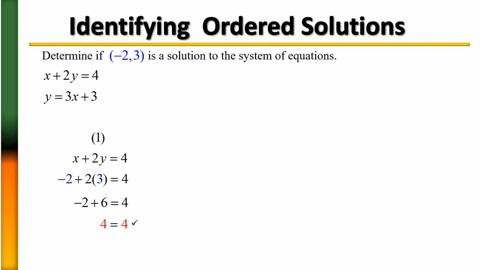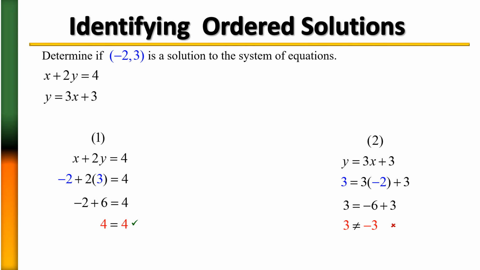So into the second equation, remove x and replace with -2, remove y and replace with 3. Let's do the math on the right side. We have 3 times -2, which is -6. And -6 combined with a +3 is going to give me a -3, which is not the same as the left side of 3, because 3 is not the same as -3.